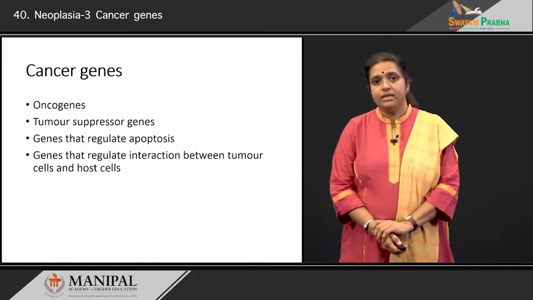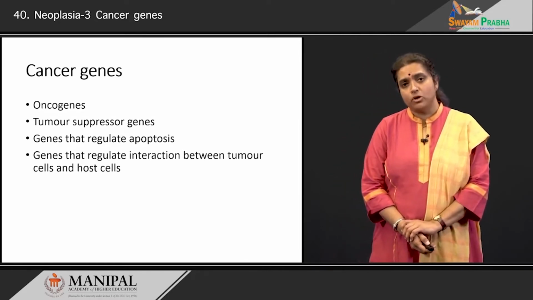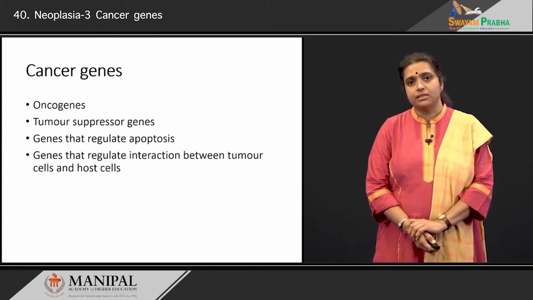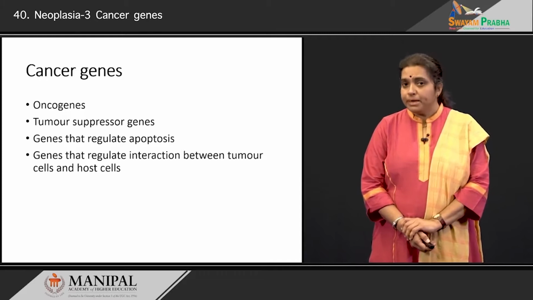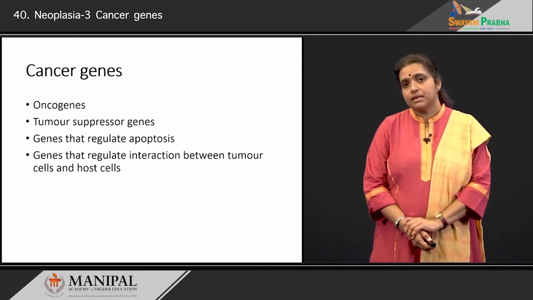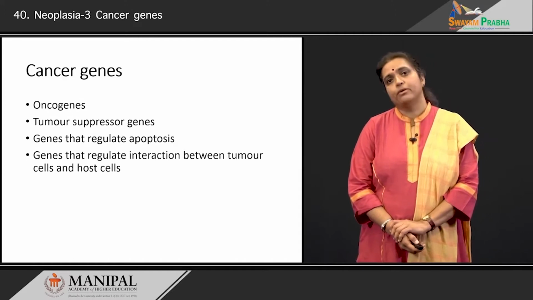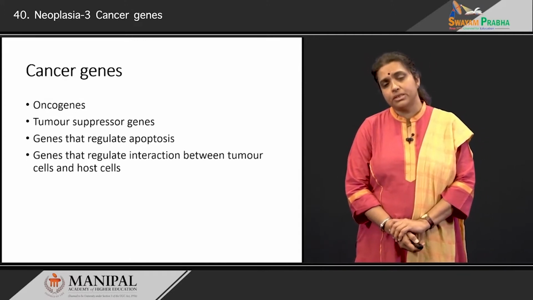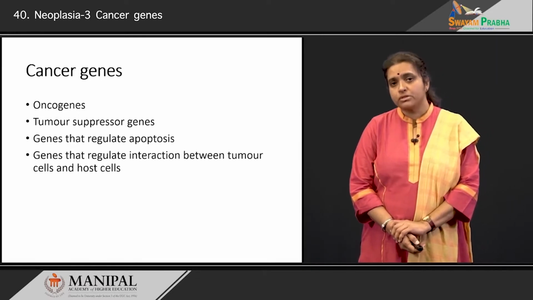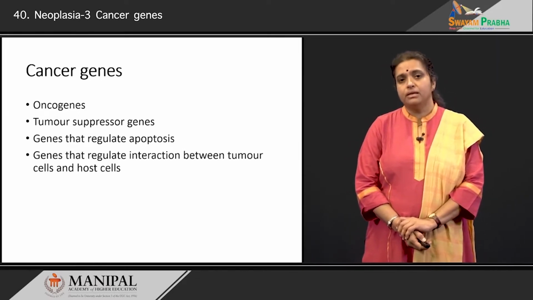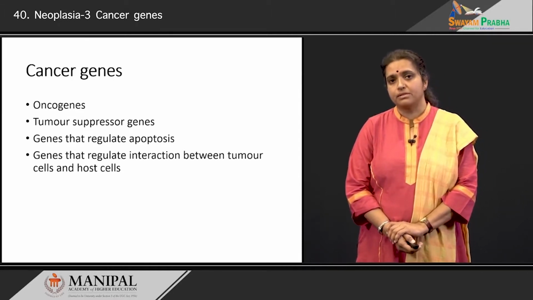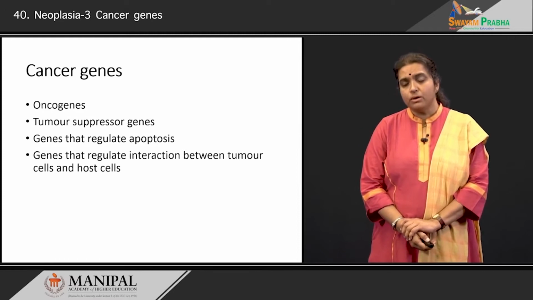And finally, we now know that there may also be genes that regulate interaction between tumor cells and host cells, and that may be very important for carcinogenesis. This class of genes are especially important in the setting of tumor immunity, because we know that there is a host response to cancer in the form of development of certain classes of lymphocytes and so on.